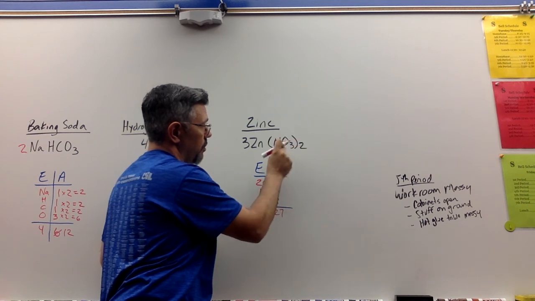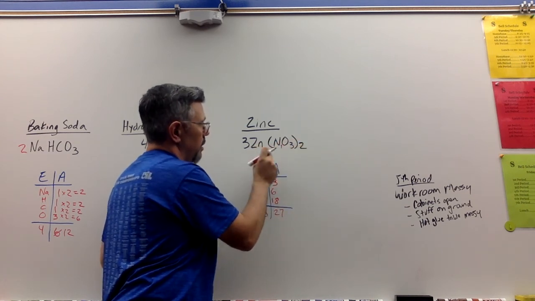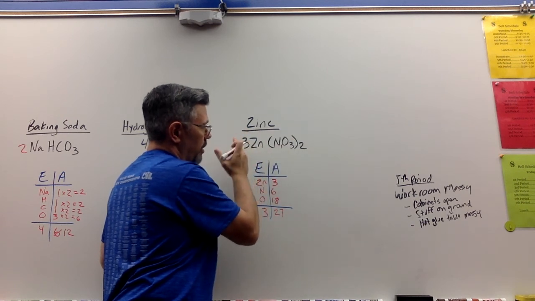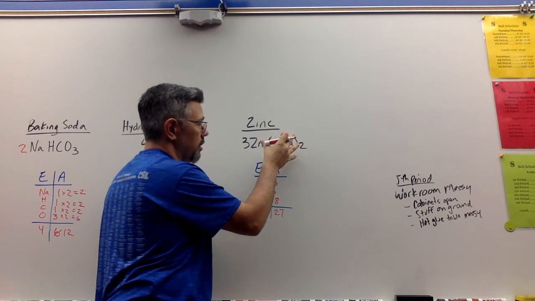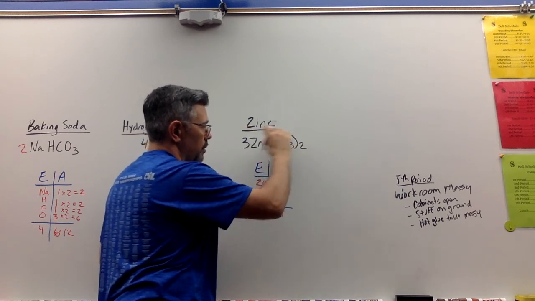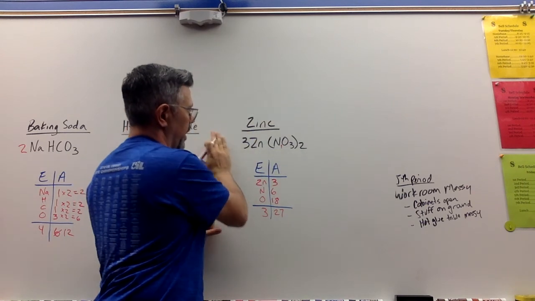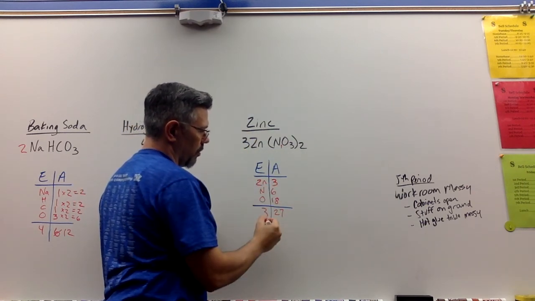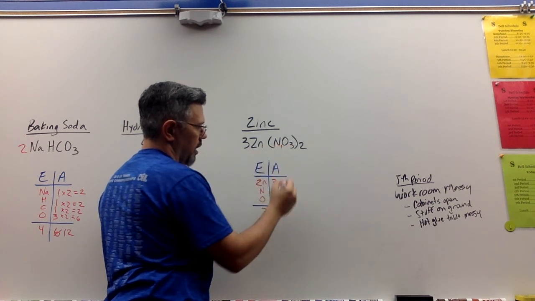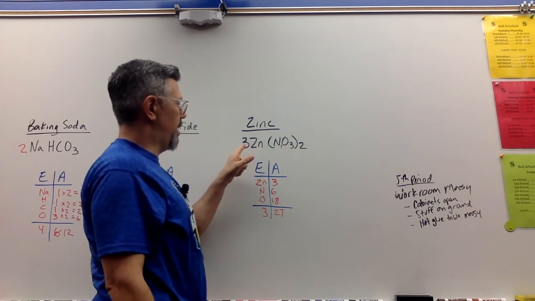So 3 times 2, 2 times 1. Then you take those results and then we make sure that we distribute the property after the fact. So we have to do what's in the parentheses first, know how many atoms we have, and then multiply it all by the 3. And that's how you get 3 total elements and 27 total atoms when you have 3 molecules of zinc.